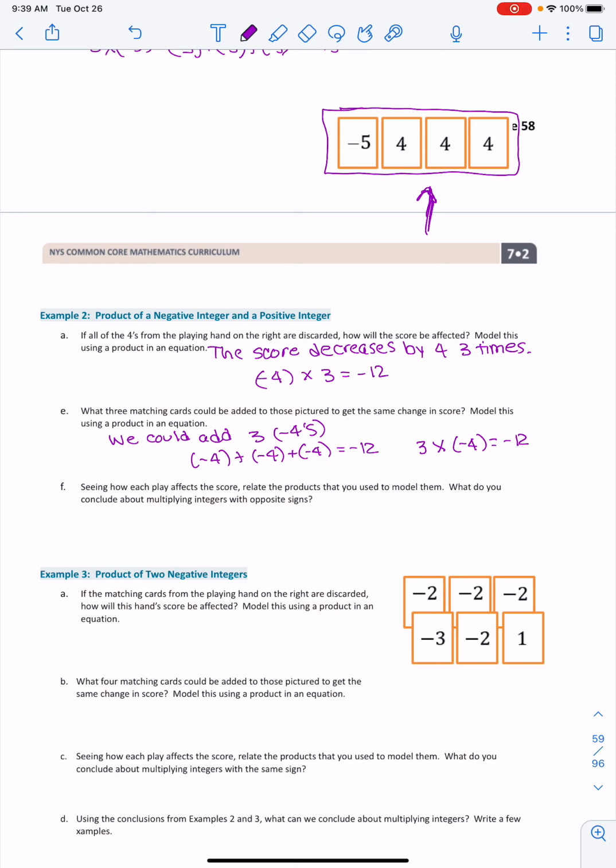So it said, seeing how each play affects the score, relate the products that you used to model them. What do you conclude about multiplying integers with opposite signs? Well, seeing how this is, and our other example, we can conclude that the answer is negative.